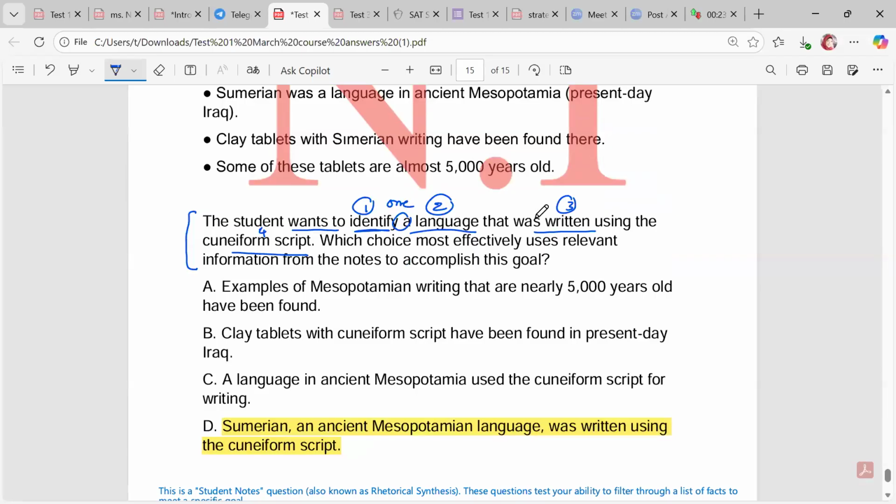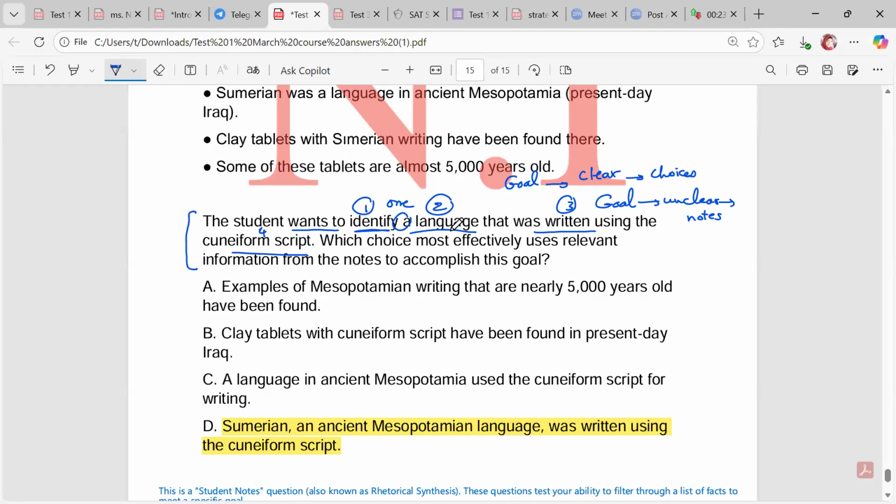If the goal is clear, go for the choices. If the goal is unclear, meaning you couldn't understand the goal, go for the notes.